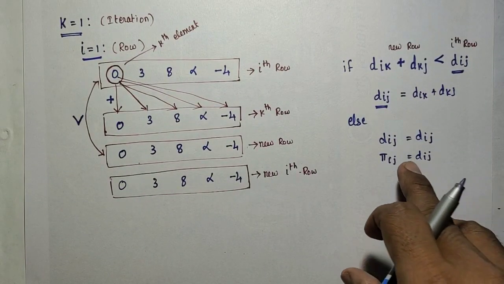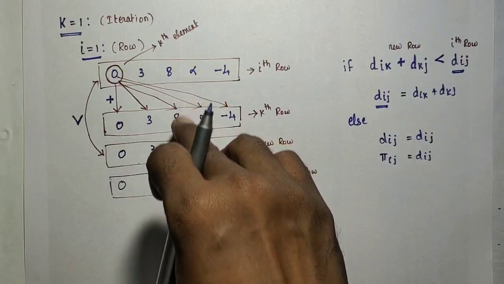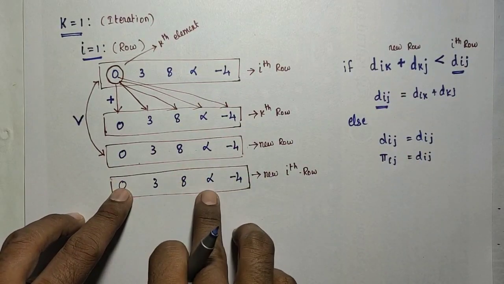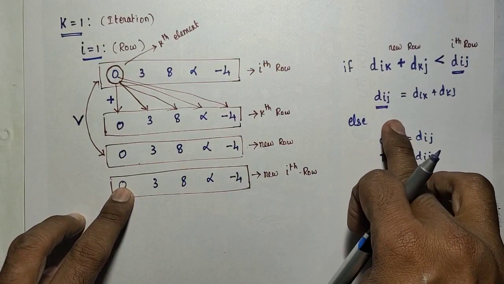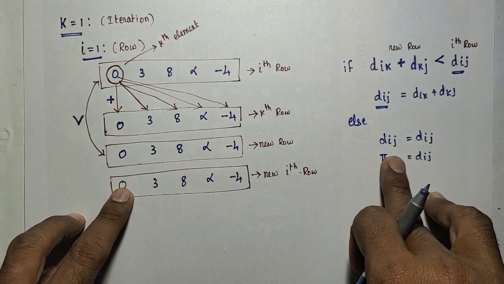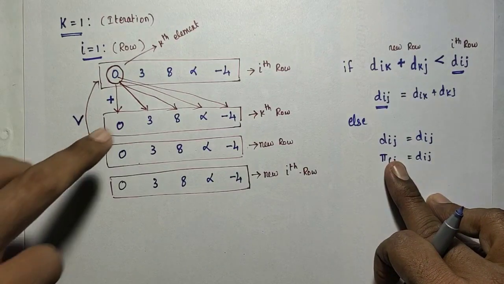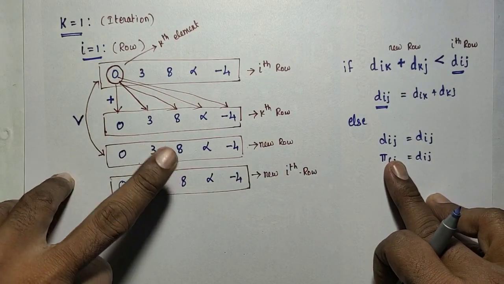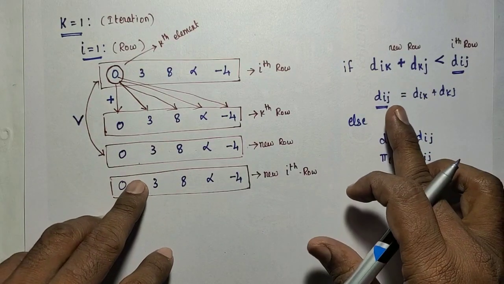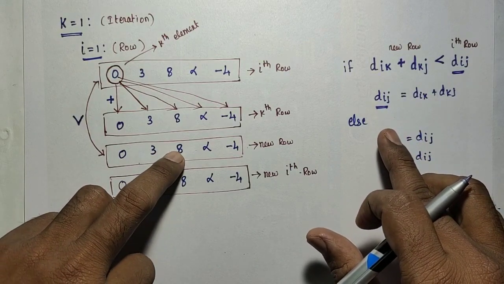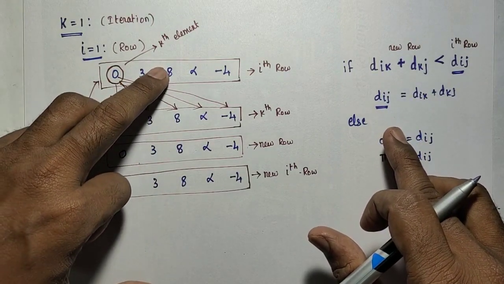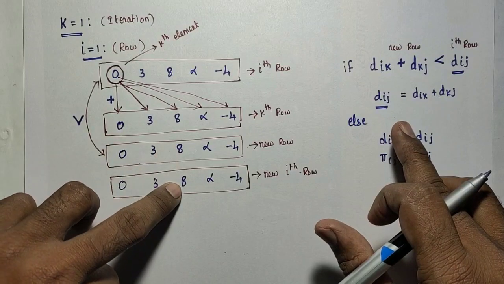Then what about if any changes are made on that new row? What will be the corresponding pi value? The corresponding ith row value will be the summation. The new row value itself is not the matter, but if there are any changes, suppose this is 8 and this is 7, 7 will be copied.